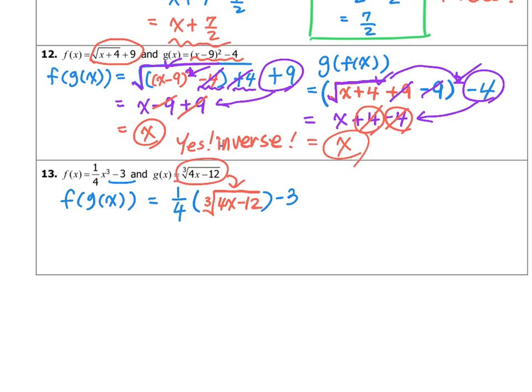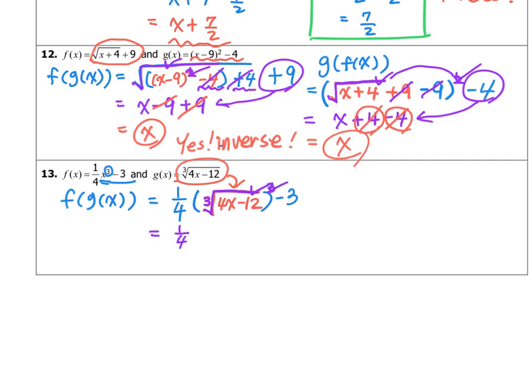Can you find the one missing part I didn't put yet? I forgot to put the cube, or third power, of g of x. So look at here. There's a cube root and cube, so we can cancel each other.